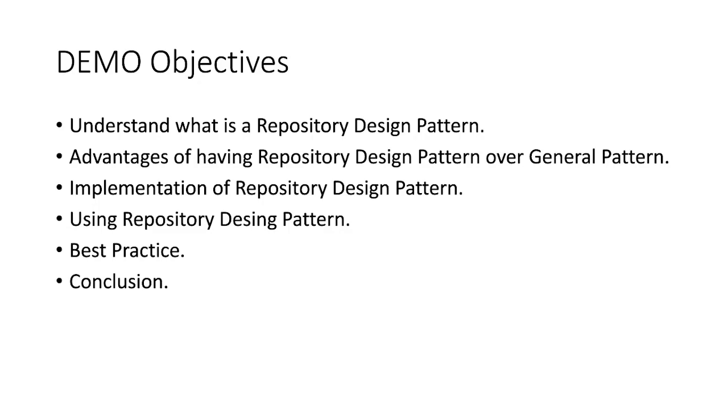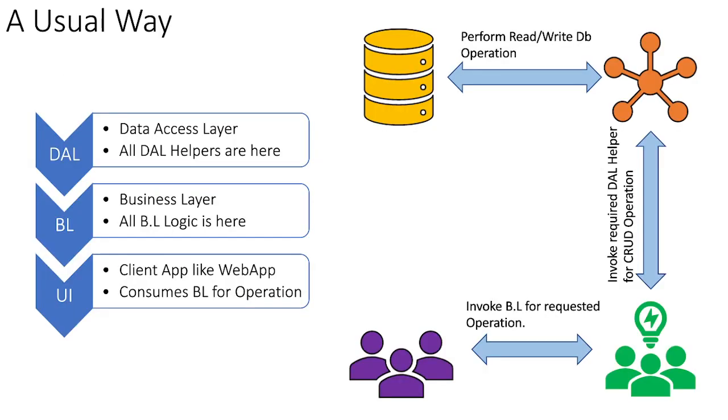Without further ado, let's move on to understand the usual, standard way that people use to perform CRUD operations. On the right side, I have mentioned the layers: DAL, BL, and UI. The DAL is the data access layer, where all our data access code lives.